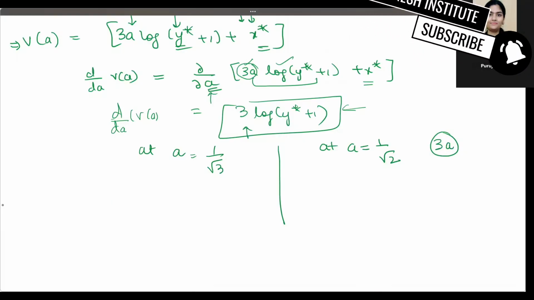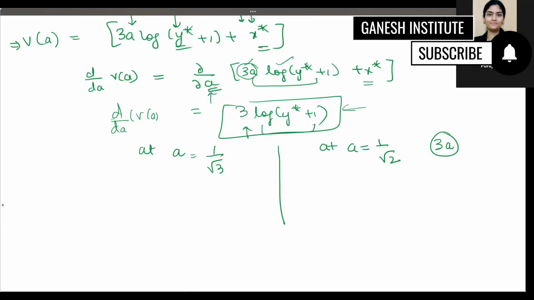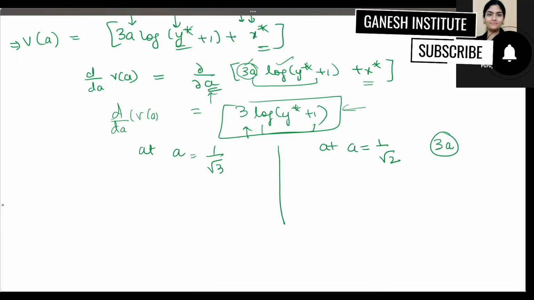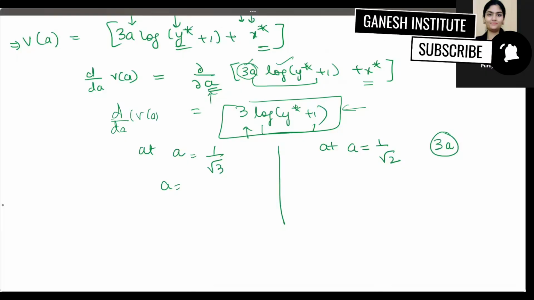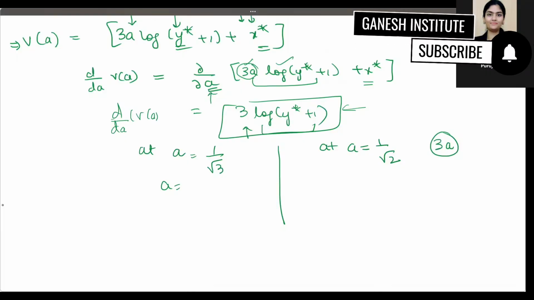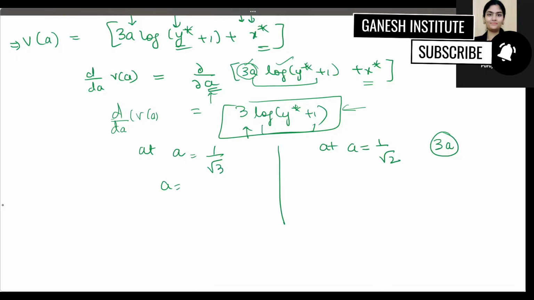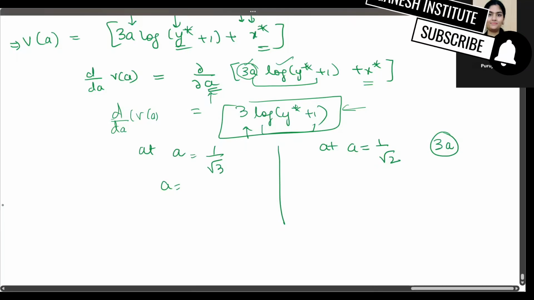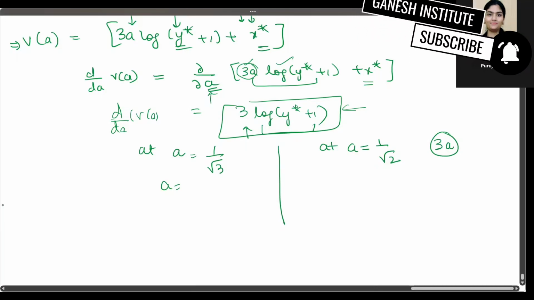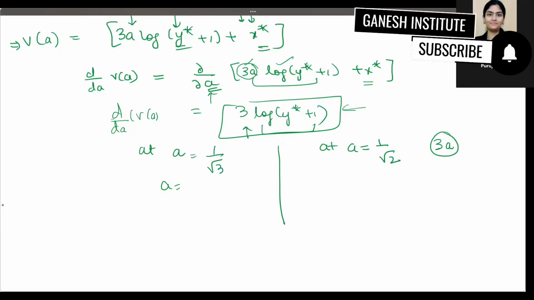I can also do it this way: if this is log of y star plus 1, you know what happens with log's value. If I find 1 by root 3 using a calculator, what is it? 1 divided by 1.73 is 0.577.